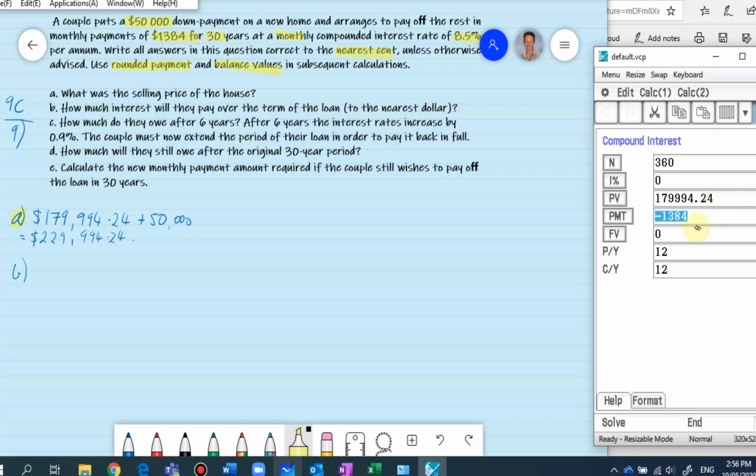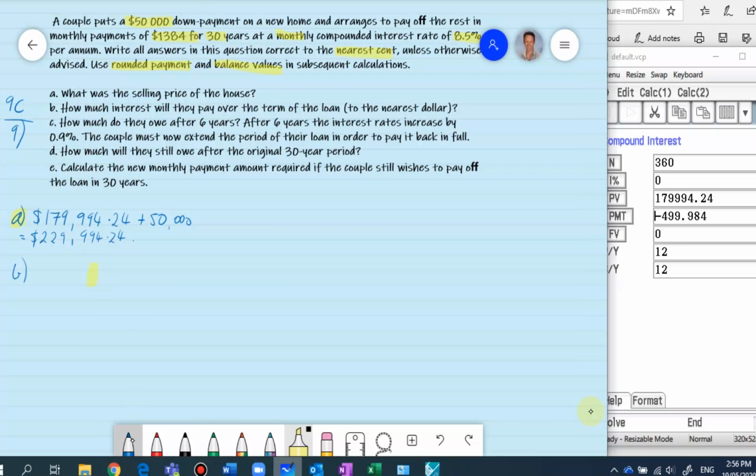Now for 0%, if I solve for the payments, we get $499.984. Okay. Now, if they're the repayments without interest, and these are the repayments with interest, then the difference must be the interest that we're paying.